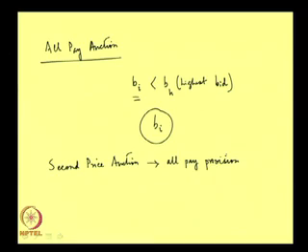This second price auction becomes similar to the war of attrition game that we have seen before, except for a few cases.